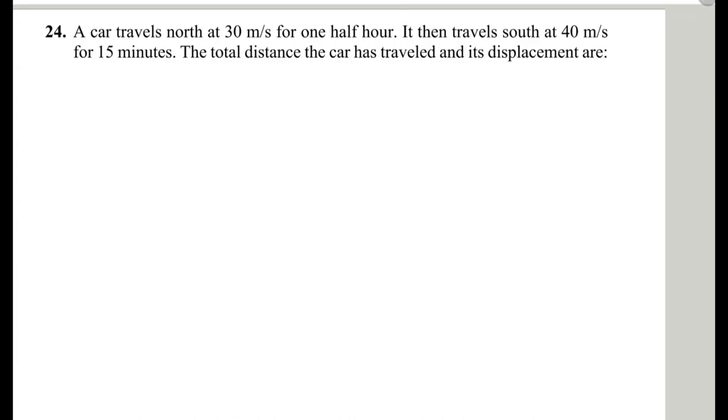A car travels north at 30 meters per second for 1/2 hour. It then travels south at 40 meters per second for 15 minutes. The total distance the car has traveled and its displacement are. Let's draw the situation. A car is traveling north with velocity equal to 30 meters per second for half an hour, so 30 minutes.